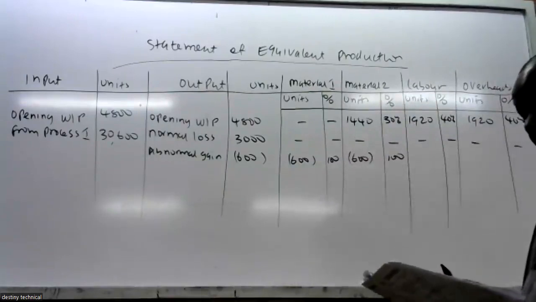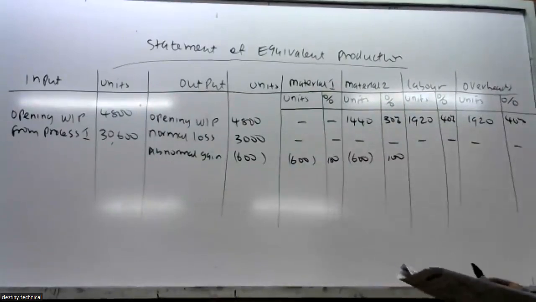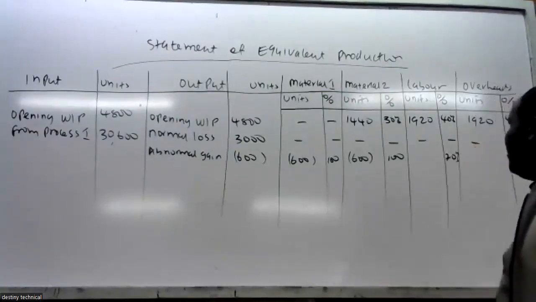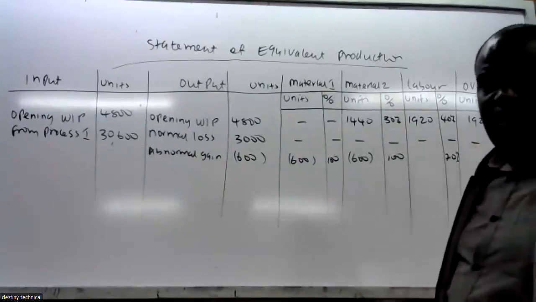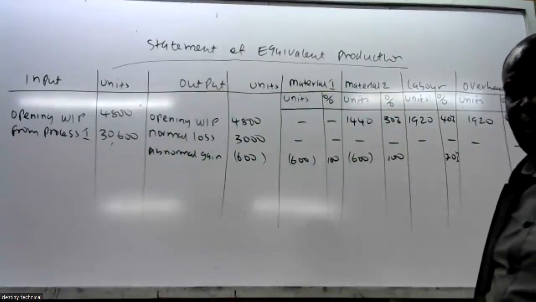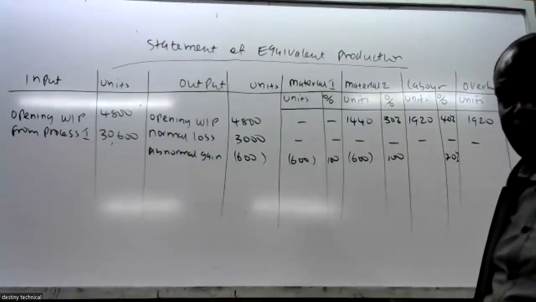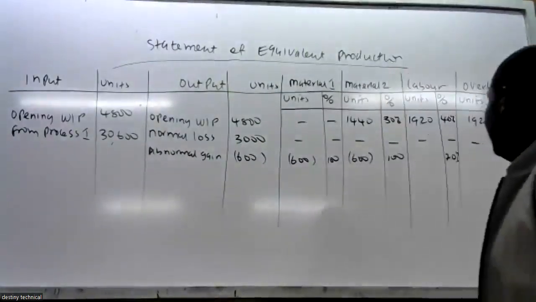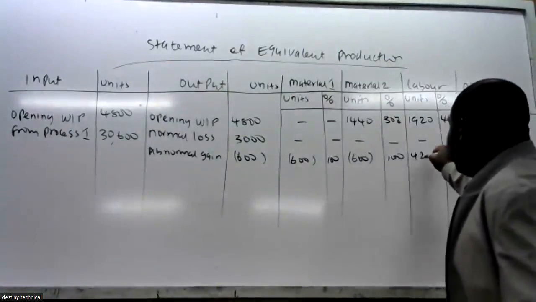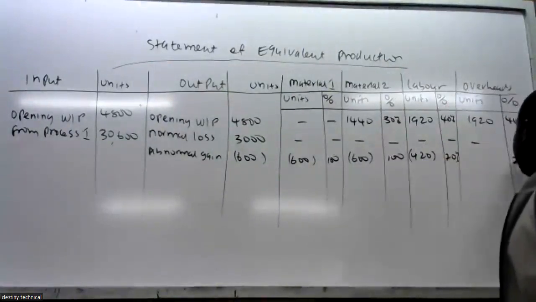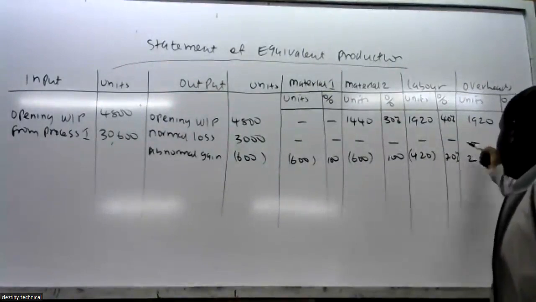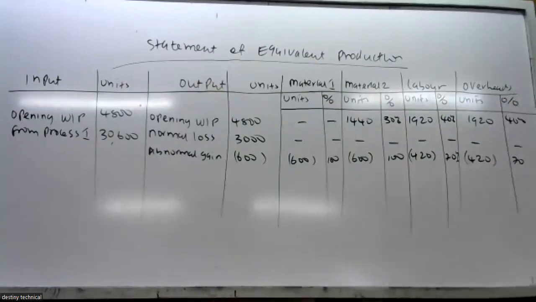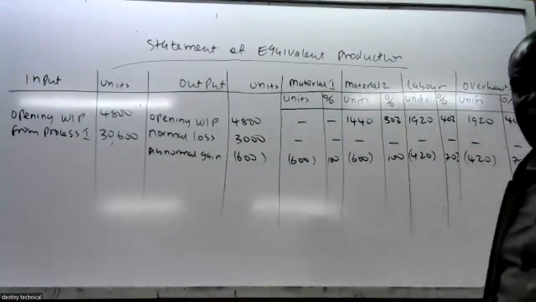Then labor is given as 70%. What is 70% of the 600? That gives you 420. Overheads is also 70%, so it is also 420. So that is now for the abnormal gain.